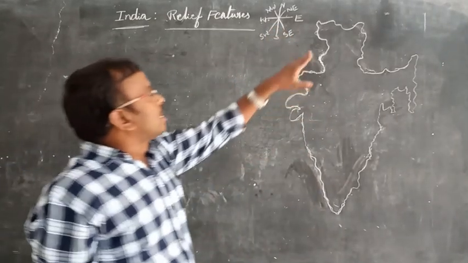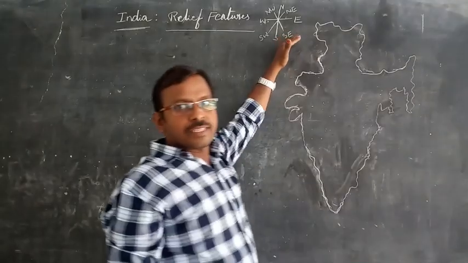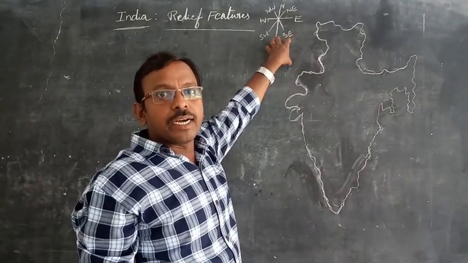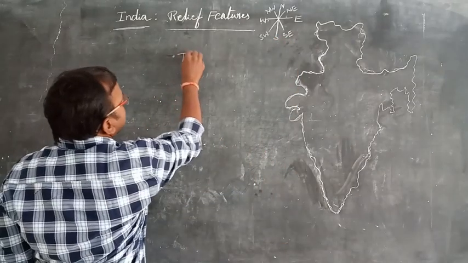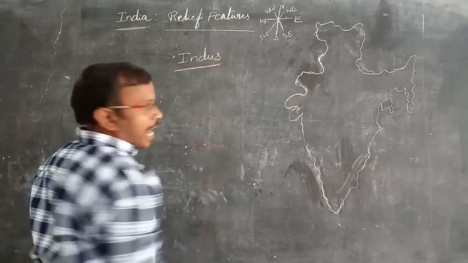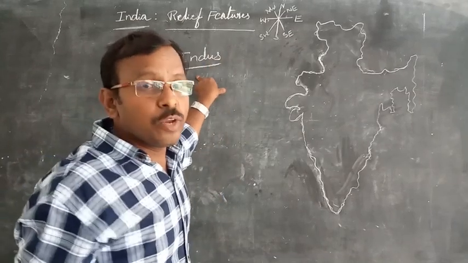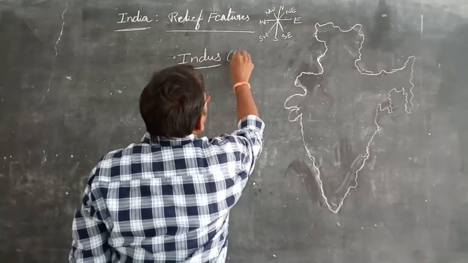Here, this is the northwest direction. In this northwest direction of India, there is the Indus River. It is also known as the Sindhu River.